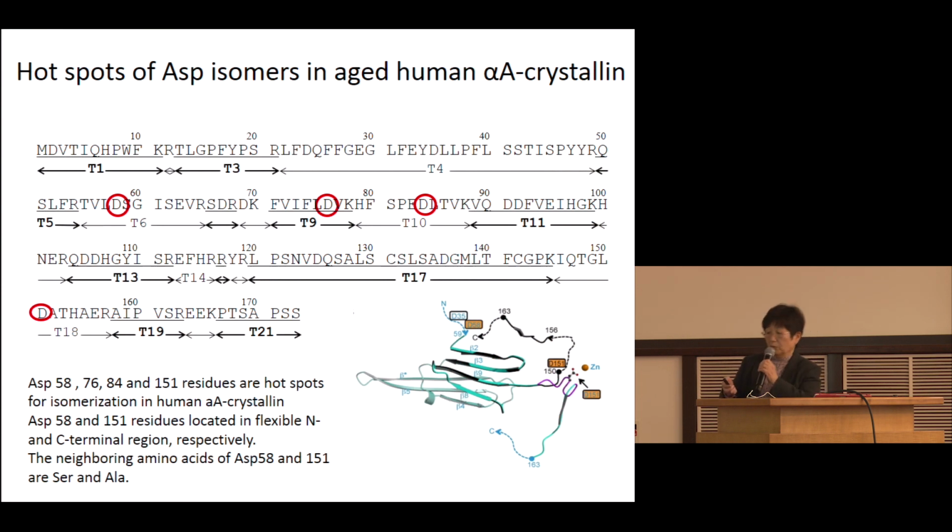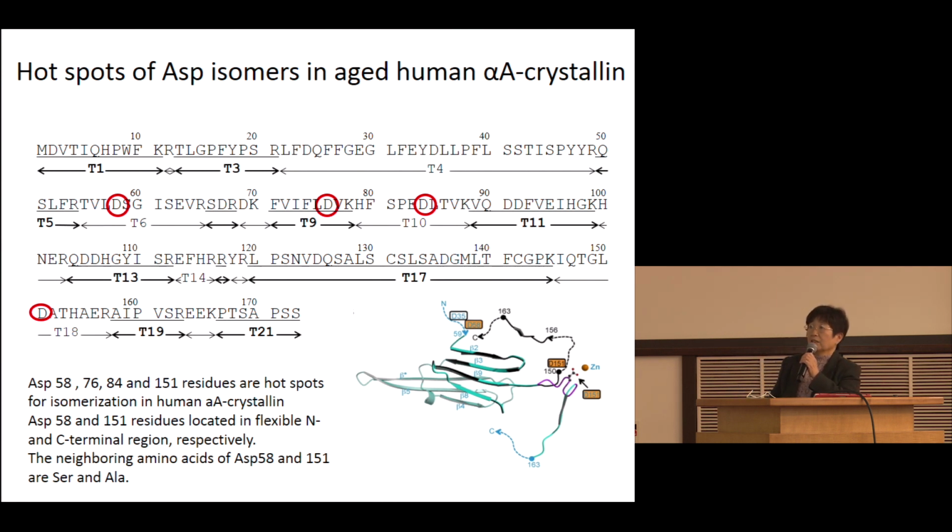So now we can show the hotspot ASP isomers in aged human alpha crystalline. ASP 58, 76, 84, and 151 are hotspots in human alpha crystalline.